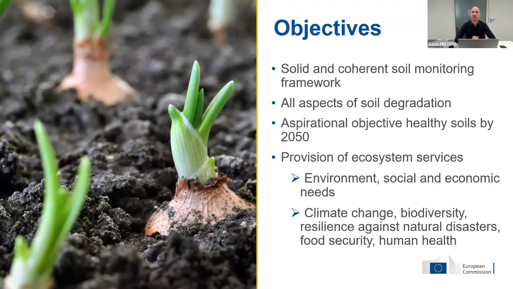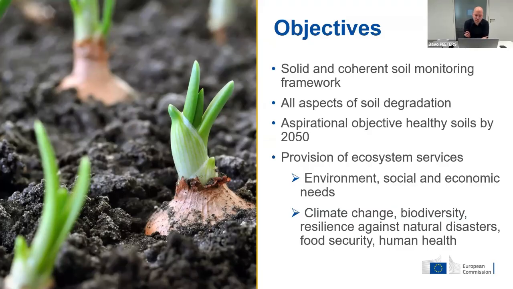The legislation itself should help the EU to achieve its aspirational objective to get soils healthy by 2050. And this was an objective that the Commission put forward in its soil strategy of 2021.